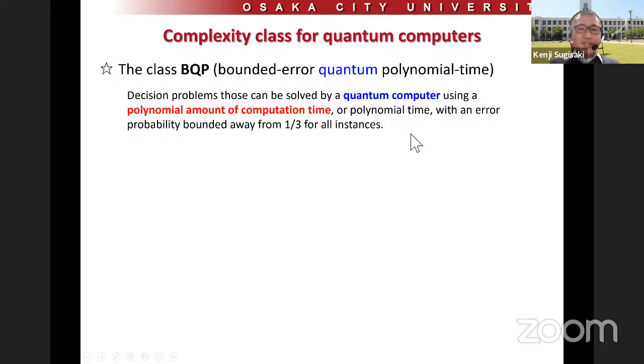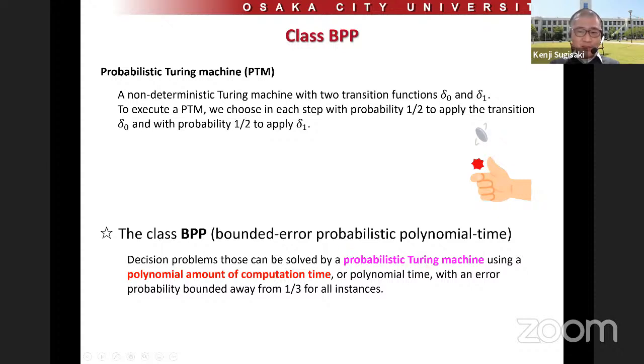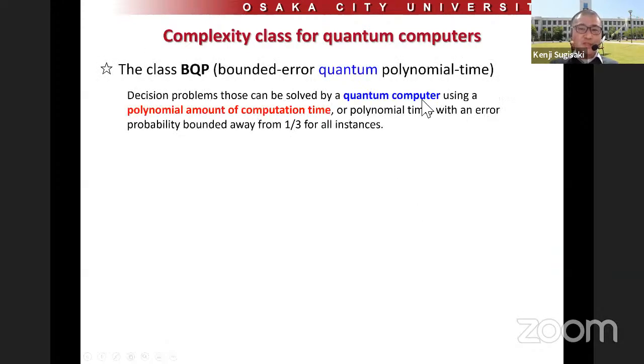The difference between BQP and BPP is just here: BPP uses a probabilistic Turing machine, but BQP uses a quantum computer. So we can say that the class BQP is a quantum analog of BPP.